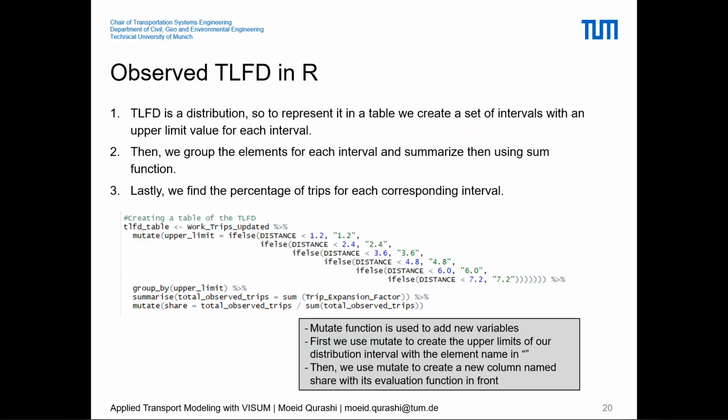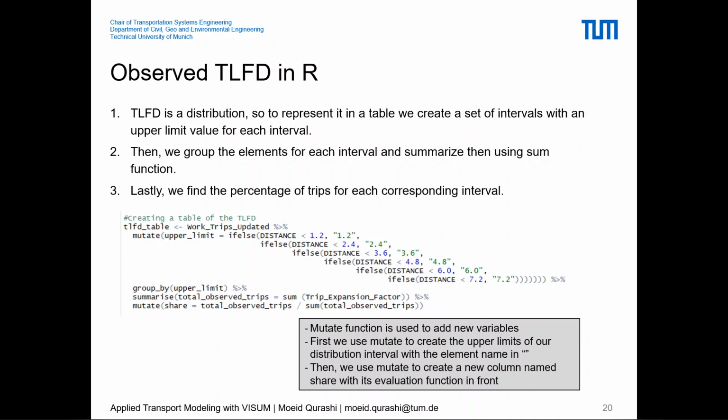And now once we have the TLFD, okay, this slide I should have shown you before. So TLFD is a distribution that we represent in a table. We create a set of intervals with an upper limit value for each interval, we group the elements, and lastly we find the percentages of trips for each corresponding interval. I already described this in the R code as well, right?